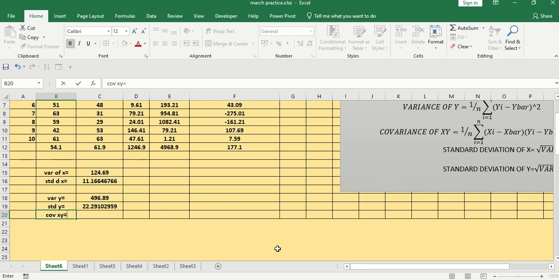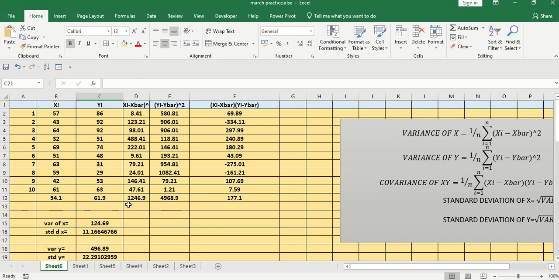Start with the equal sign. We have said that the covariance is given by this. What we have simply done is divide by the sample size, which is 10. Then click enter. That is our covariance.